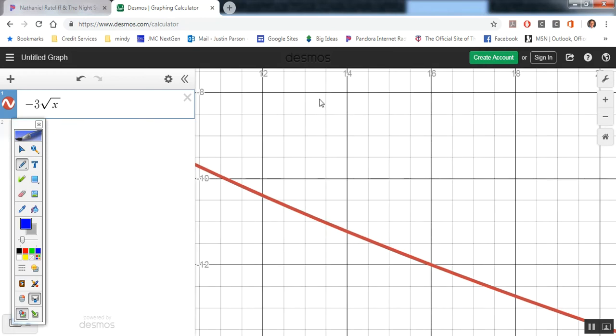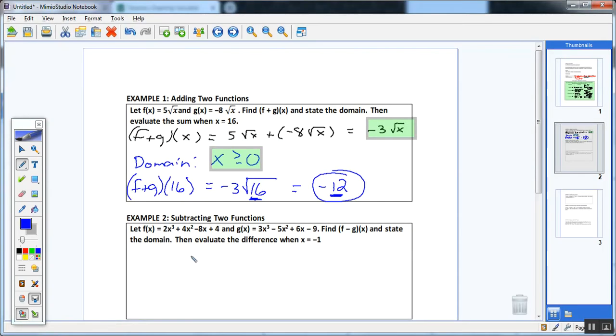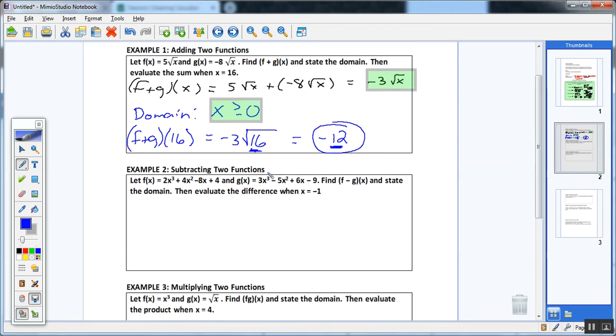What do you guys think about this? Manageable? Okay, here's what I want you guys to do then. I want you to try example 2 on your own. Now remember, it's subtracting. So what should you probably do with these functions? Put them both in parentheses. I want you guys to try number 2 on your own. When you have number 2 done, I want you to check with your neighbor. If you agree, awesome. If you disagree, I'd like you to talk about why you disagree there. Okay?